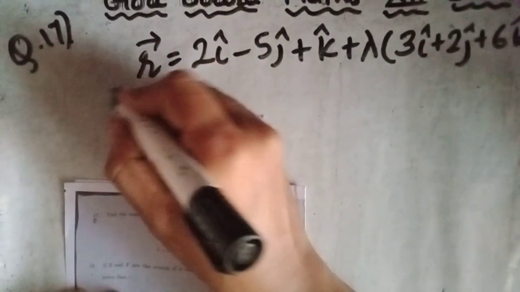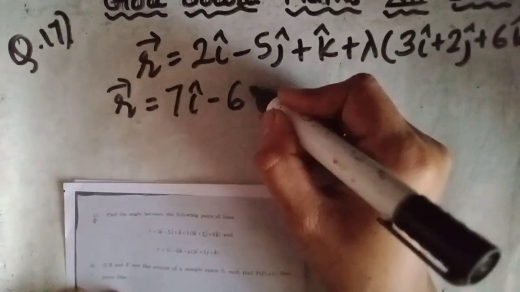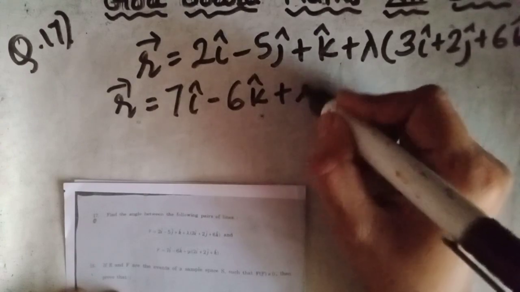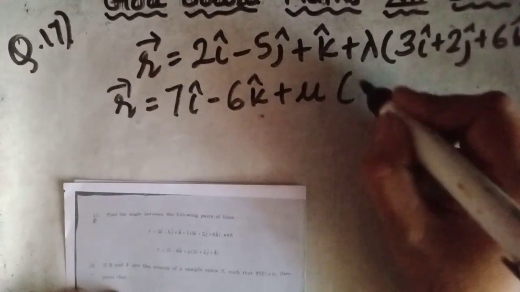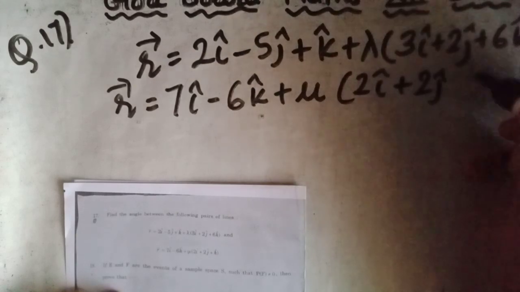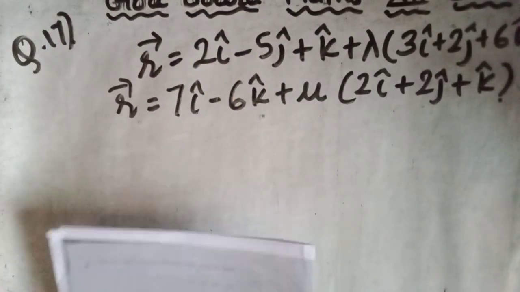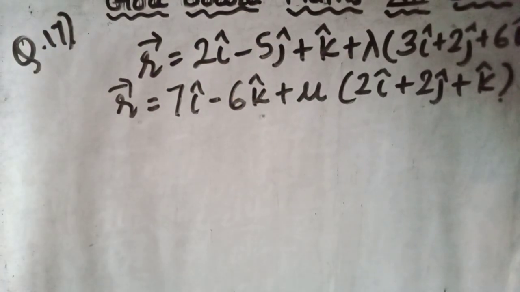Okay, so these two lines are given, you have to find the angle between them.